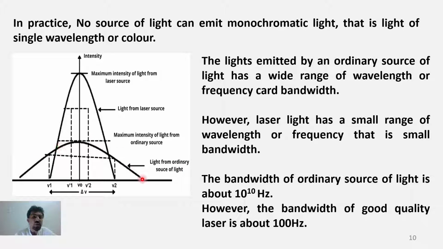This is the curve for the light from an ordinary source, having frequencies say nu1 and nu2. While this other curve is for the light from the laser source, and we can see here it has a very small bandwidth, lying between two frequencies, nu1 dash and nu2 dash.